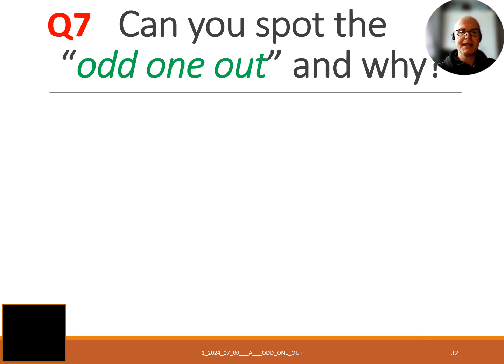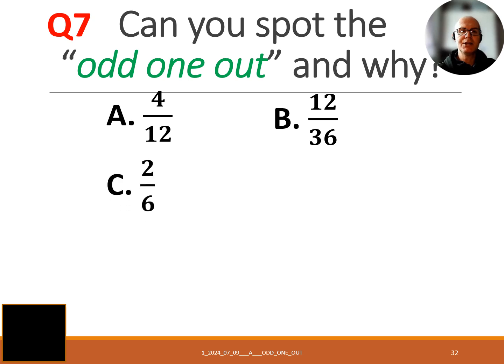Question 7. A, 4/12, B, 12/36, C, 2/6, and D, 6/12. Of these four fractions, which one was the odd one out, and did you guess the correct answer as to why?